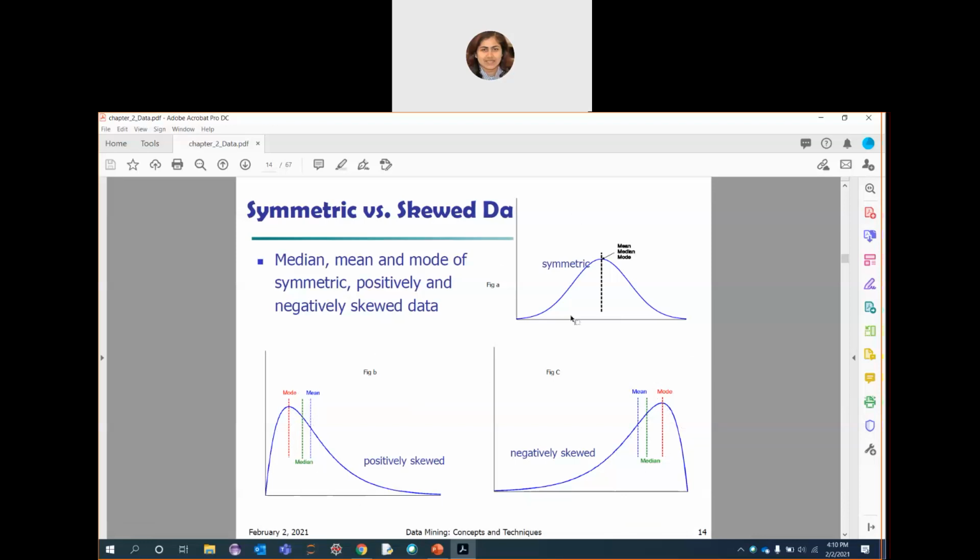So these are the different types of data distribution: symmetric, positively skewed, or negatively skewed. While analyzing data, you may encounter these sorts of distributions, and each type of distribution has different steps to follow for analyzing data.